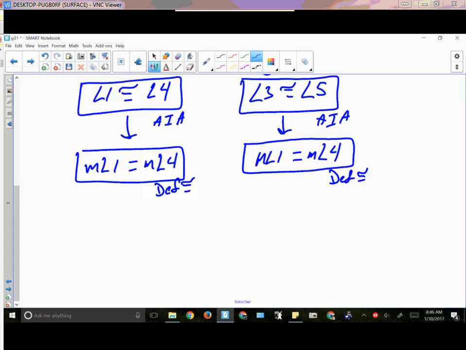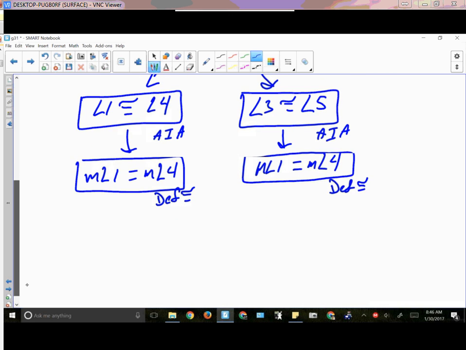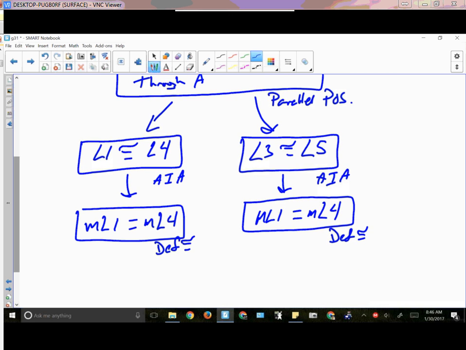Okay. Now, remember, we want to try and get to this, that we're supposed to prove that these three equal 180 degrees. Now, how this ends up working, and I wrote that wrong over there, didn't I?